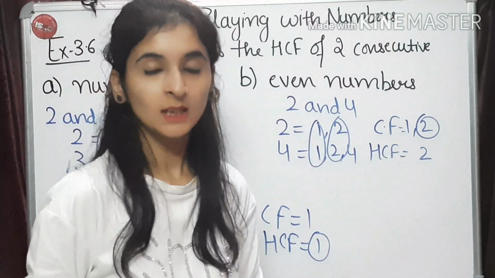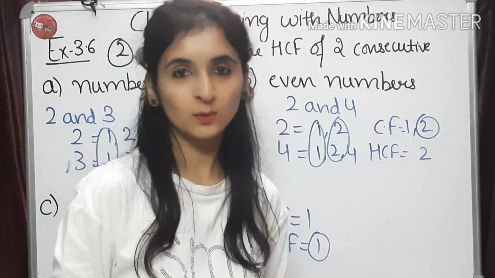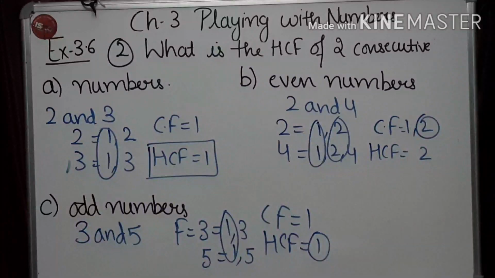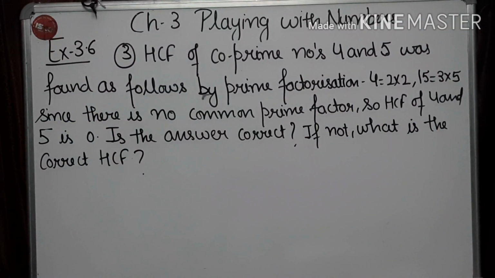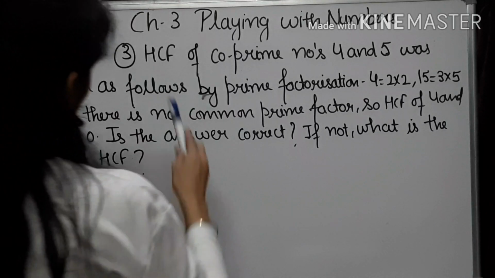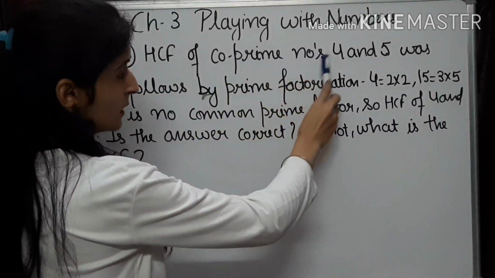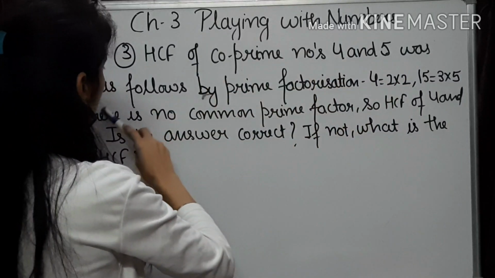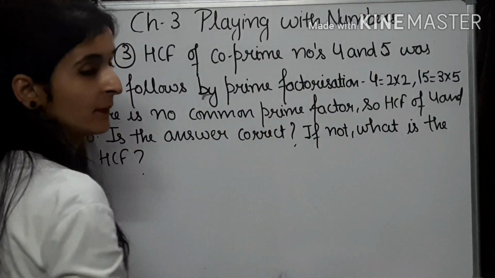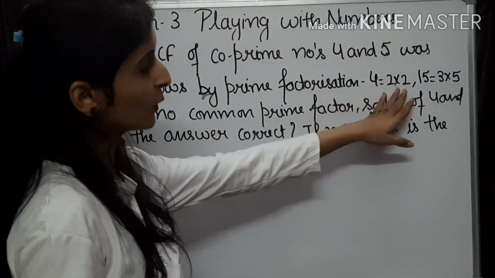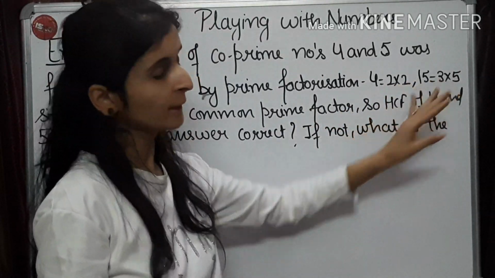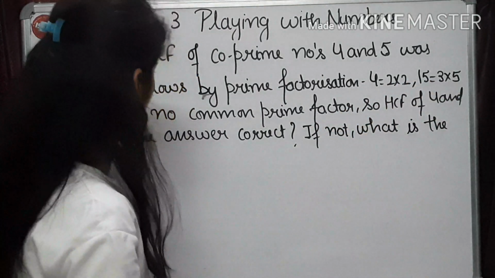That's your own wish. Now let's come to last question of this exercise. Then the last question is, HCF of co-prime numbers 4 and 15 was found as follows by prime factorization. 4 is equal to 2 multiplied by 2. 15 is equal to 3 multiplied by 5.